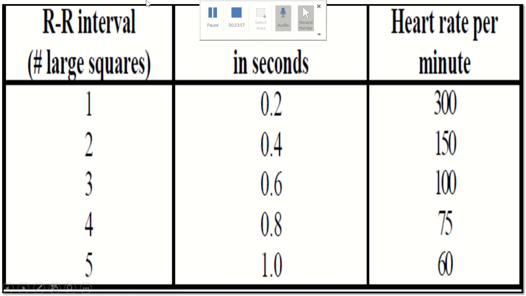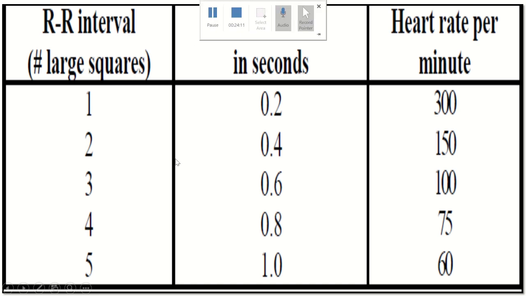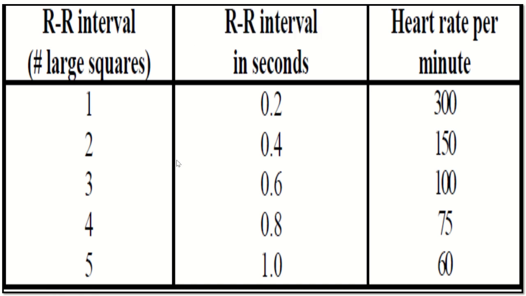This can be calculated as follows. We know that 300 large squares join together to form 1 minute.